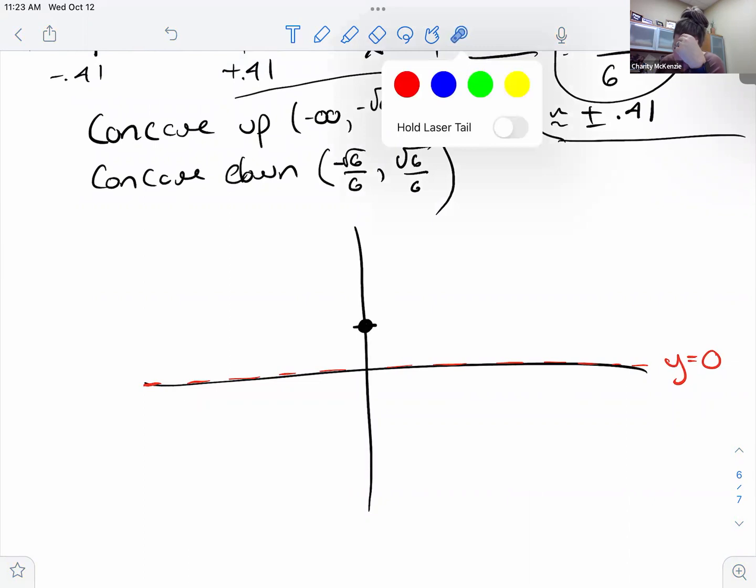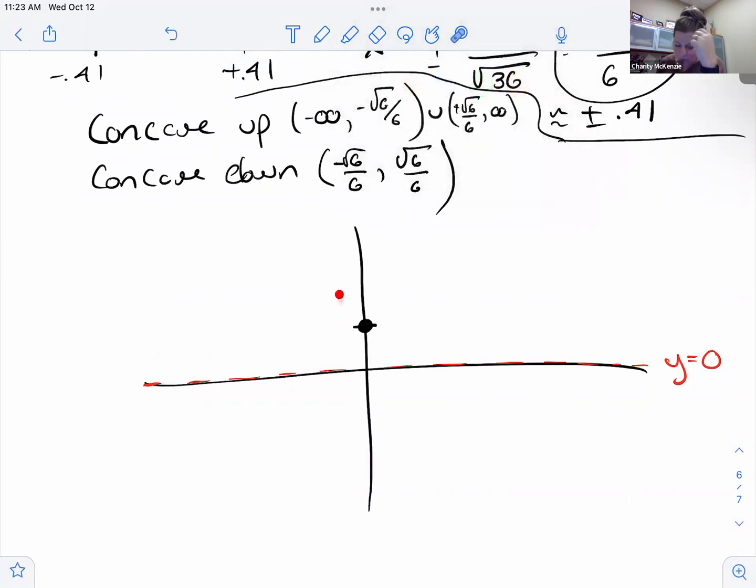So this whole section here, whatever we draw, is increasing, rising to the right. This section over here is decreasing, falling to the right. So I can visualize kind of something. Then we know that has to be going to a tip at this dot right here. And we know it's concave up and down.